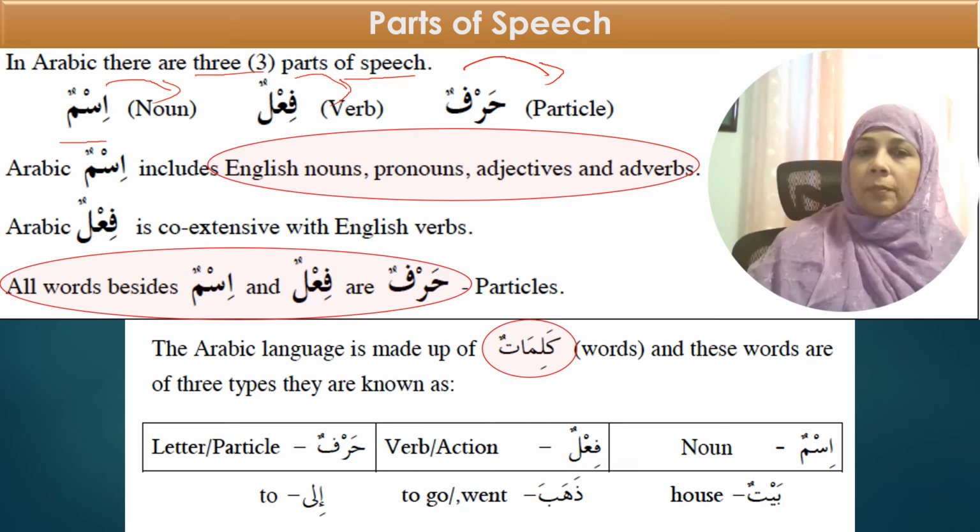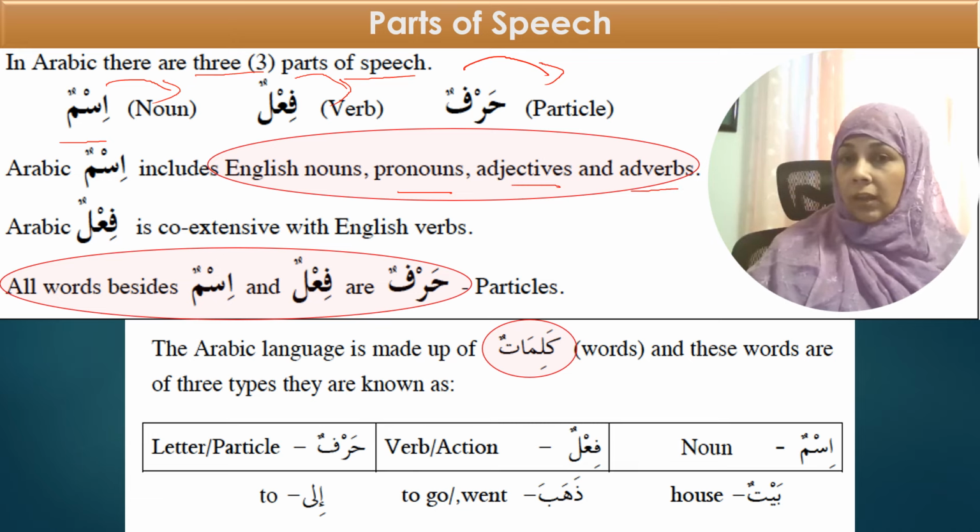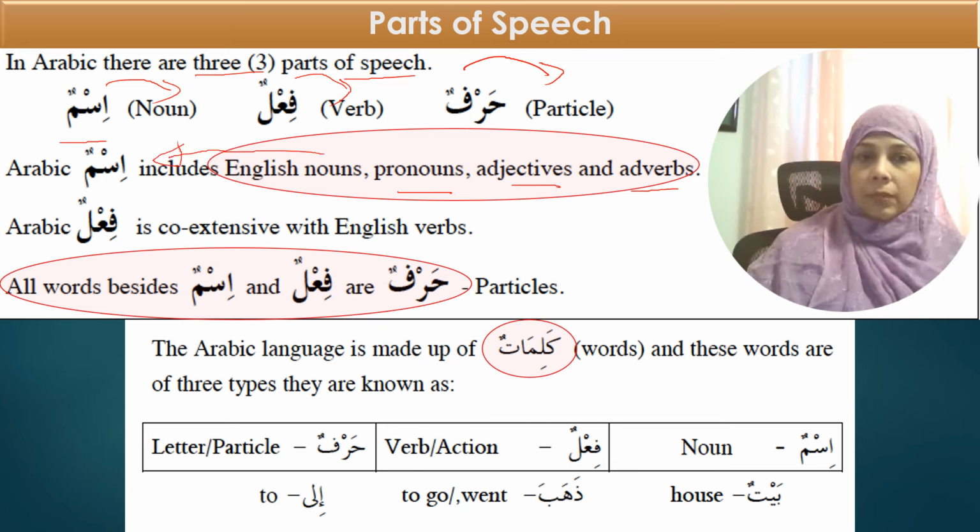So ism includes the categories of pronouns, adjectives, and adverbs that are separate categories in English. And we will study these later. But they all fall into ism. Okay, and in Arabic, fi'l covers all verbs in English. So all words besides the ism and the fi'l are harf, particles.